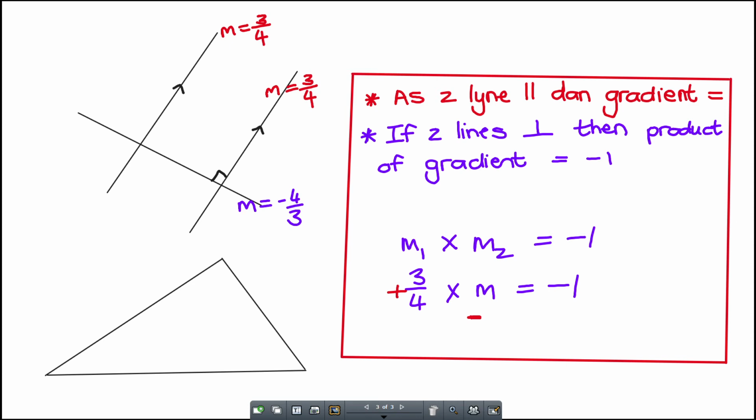And then you always just multiply with a reciprocal. So because this is 3/4, I know I'm going to swap it, and then it becomes 4/3. So say the one gradient was 1/2, then the other one will be -2, because half turned around is 2/1. Okay, so if I had 5/2, then the other gradient would be -2/5. Do you understand? Are you okay with this?